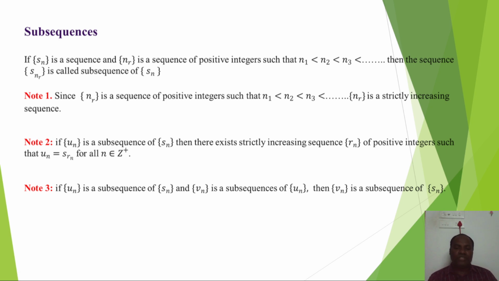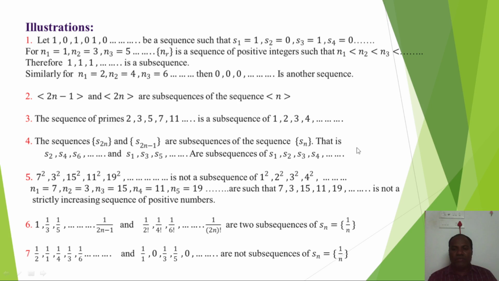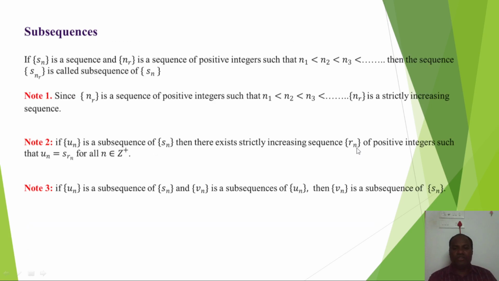In note 2, if un is a subsequence of Sn, then there is a strictly increasing sequence rn of positive integers such that un is equal to S(rn) for all n belongs to Z plus. In note 3, if un is a subsequence of Sn and Vn is a subsequence of un, then Vn is a subsequence of Sn. These are the definitions of subsequences.